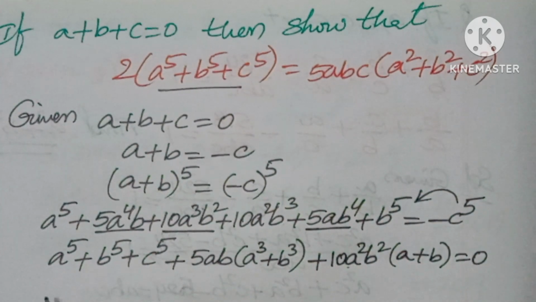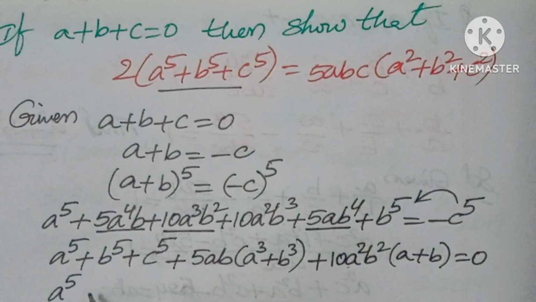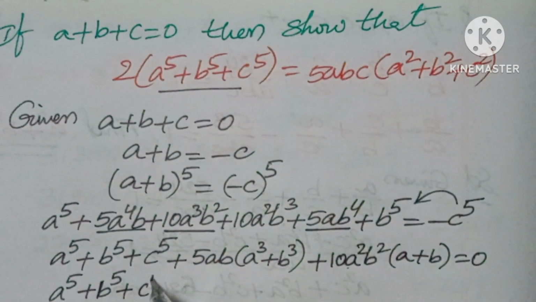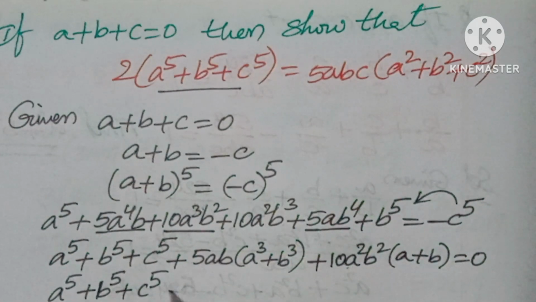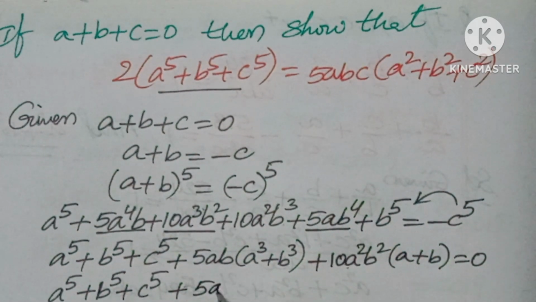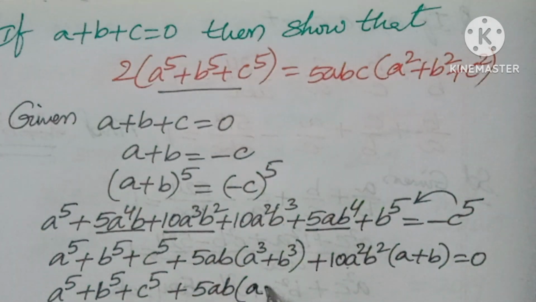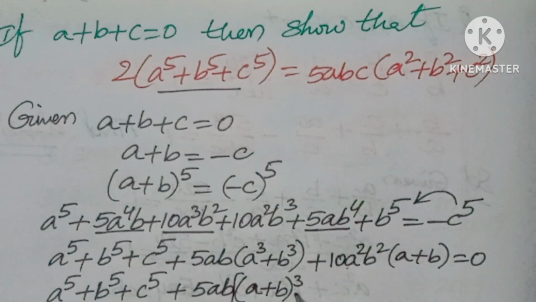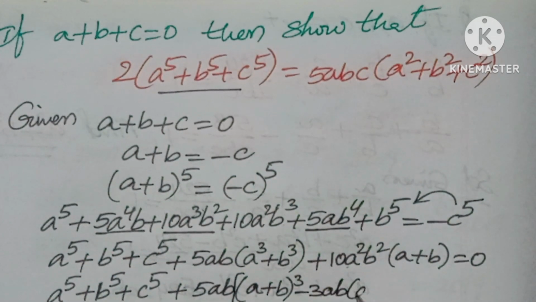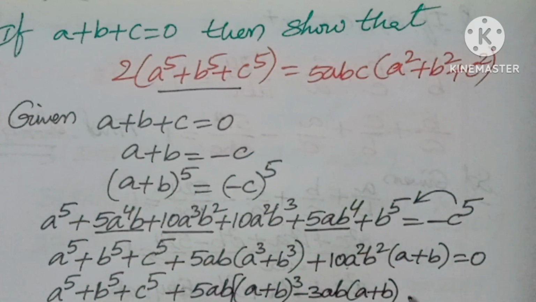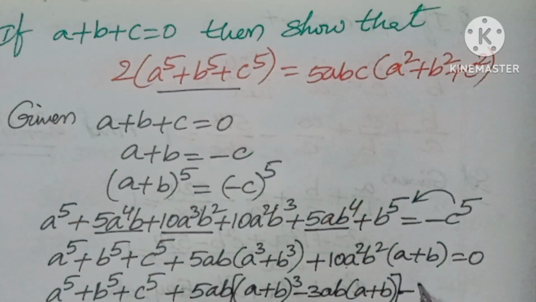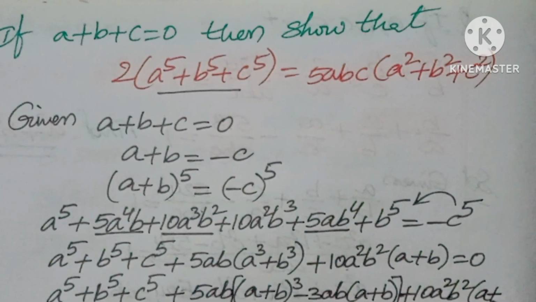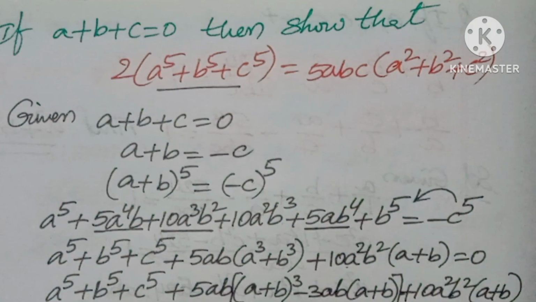Now here, a to the power of 5 plus b to the power of 5 plus c to the power of 5 plus 5ab of a plus b whole cube minus 3ab of a plus b minus 10a square b square of a plus b is equal to 0.